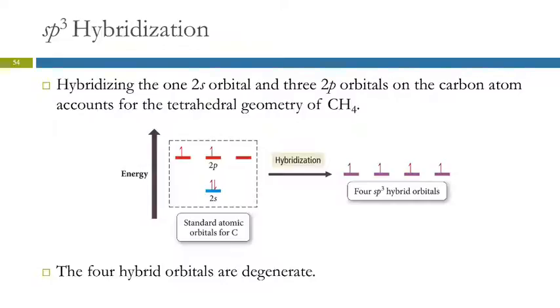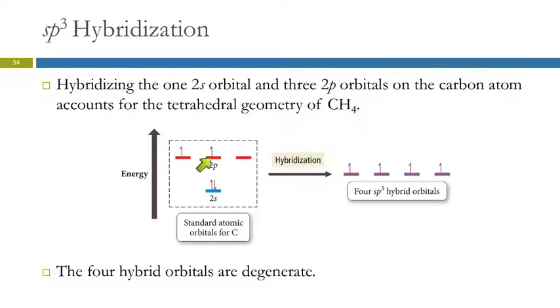So here are the standard atomic orbitals for carbon. We've got an s orbital and 3 p orbitals. There are 4 valence electrons, so 2 would be here, and these guys would be up here, each in their own orbital. Hybridizing, we're going to take all 4 of those and mash them together, average them, hybridize them.